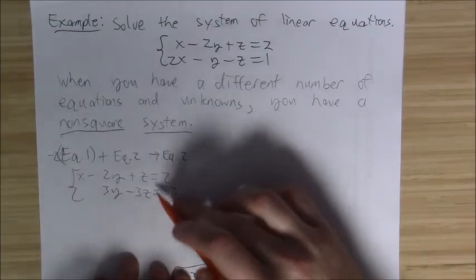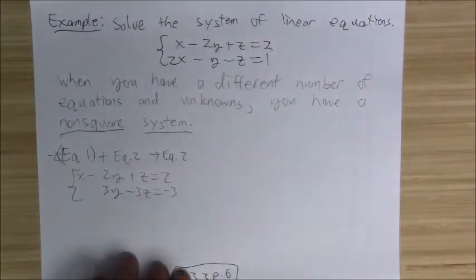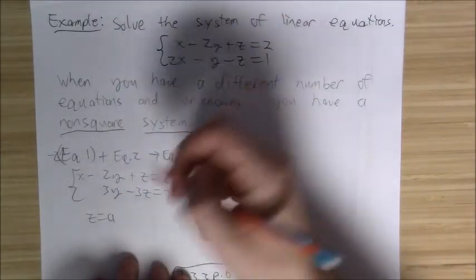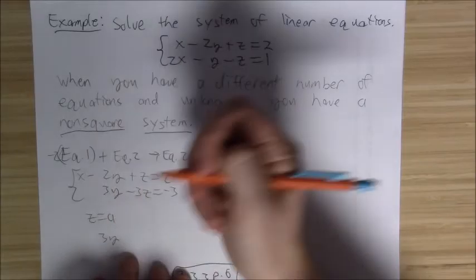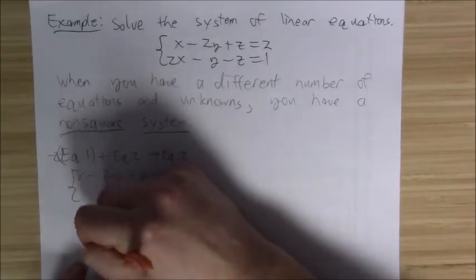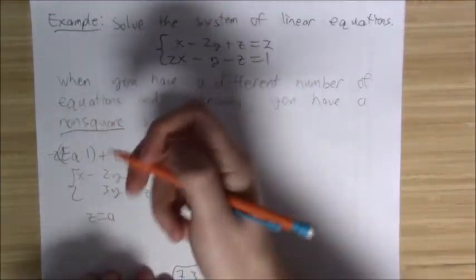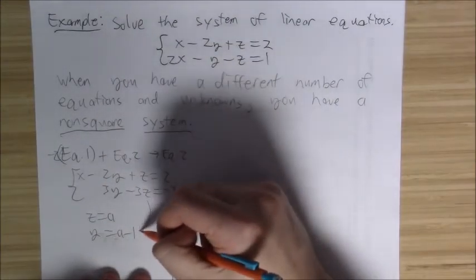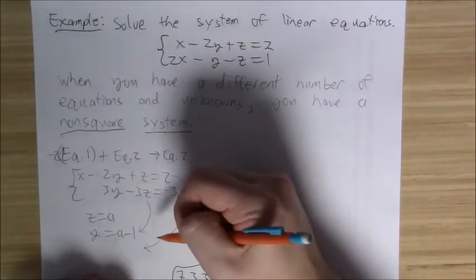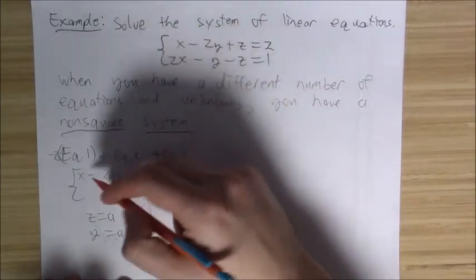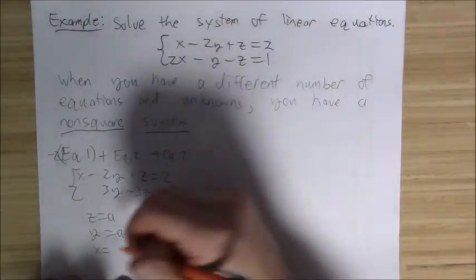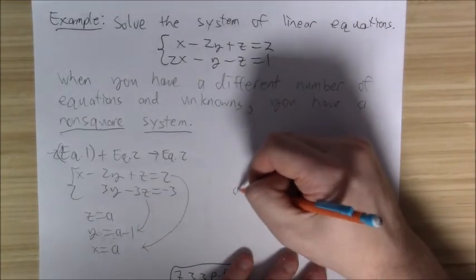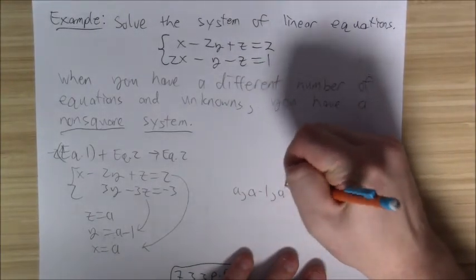And then we see that we can't solve out for z, which is what we expected, so we let z equal a. Then we have 3y, which will eventually give y equals z minus 1, so y equals a minus 1 by solving this equation. And if you solve this equation, you'll end up with x equaling z, namely x equals a. In other words, our solution would be a, comma, a minus 1, comma, a.